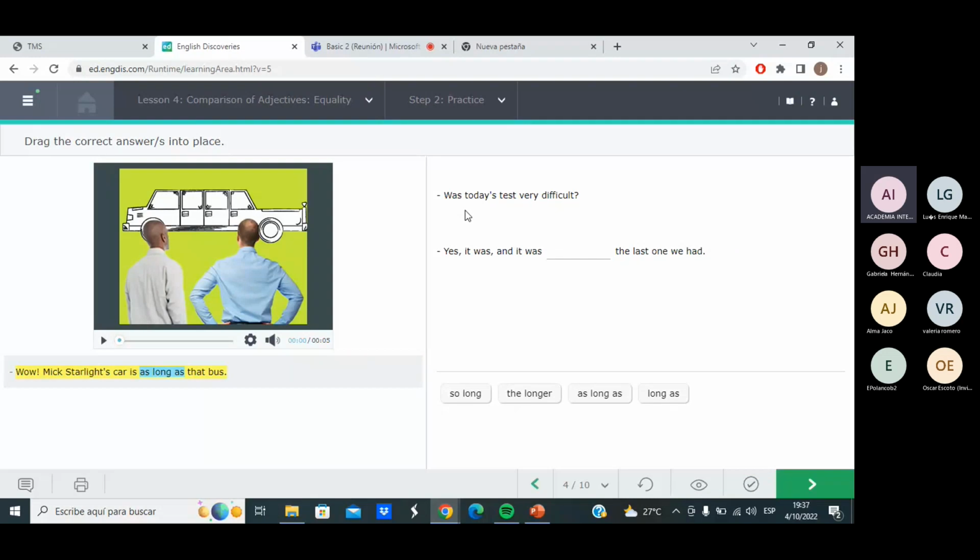Was today's test very difficult? El examen de hoy estuvo difícil. Was today's test very difficult? Yes, it was. And it was. So, which option would you choose?